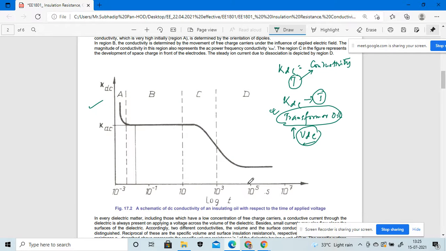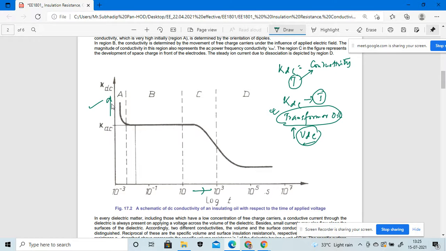So depending upon the various time periods, what will be the changes in the conductivity of the transformer oil. That is a simple thing.